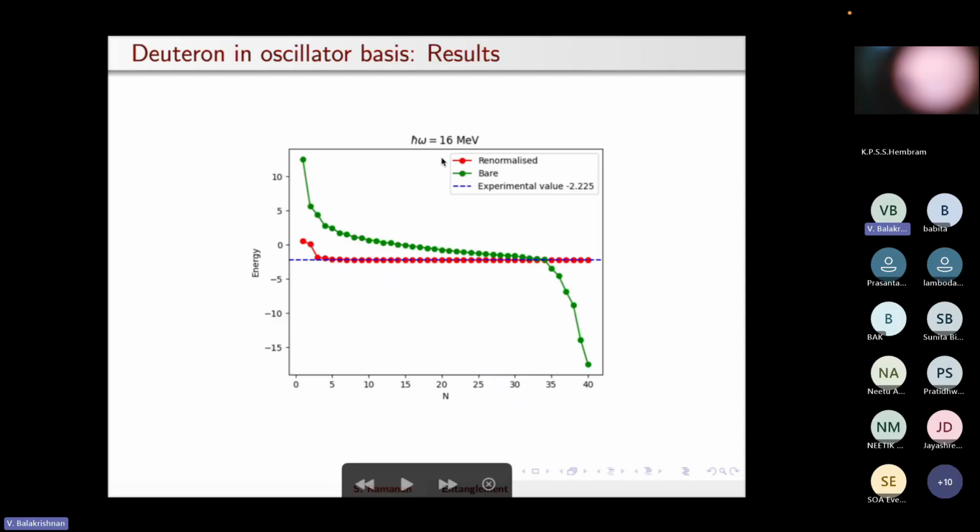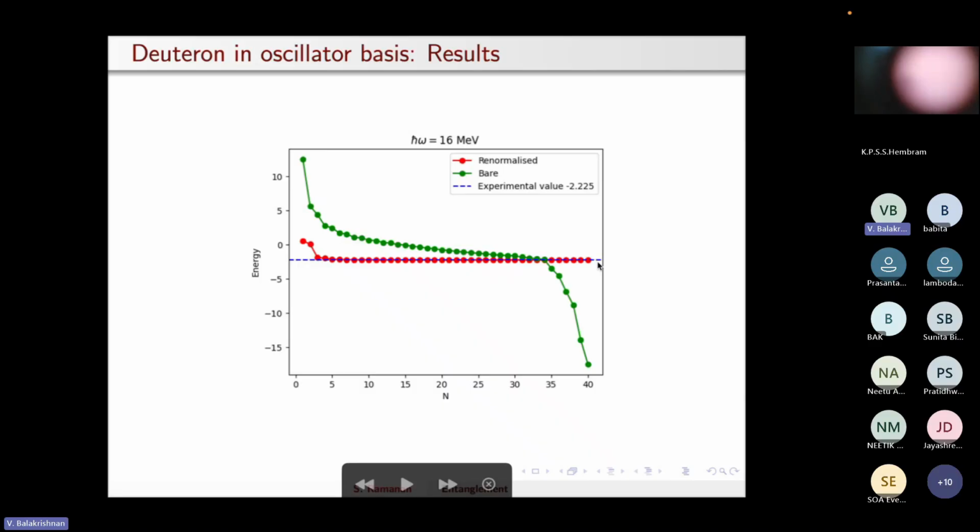So in order to investigate what sort of simplification these new renormalization group perspectives have on decreasing the resources, we decided to just do the simple-minded calculation of the deuteron binding energy in the oscillator basis.